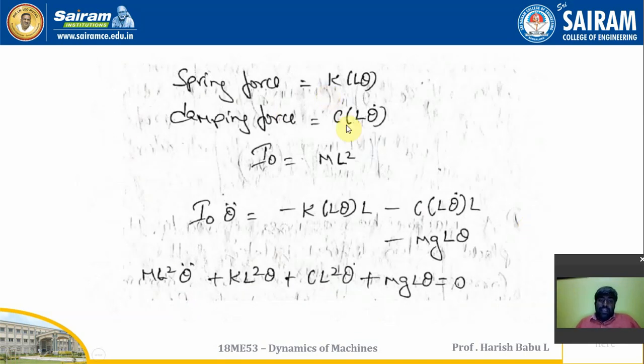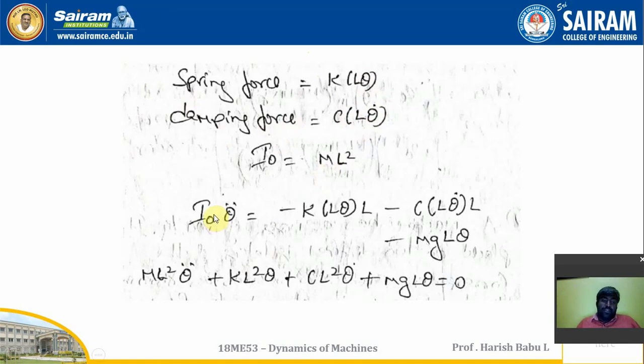Since both K and C are at the same distance, the spring force will be K into L theta. K will be the stiffness, L will be the length from the equilibrium position, and theta will be the angle of deflection. The damping force again is C into L theta dot. Theta dot is the angular velocity and L will be your length or distance from the equilibrium position to the damper. So I naught will be equal to ml square.